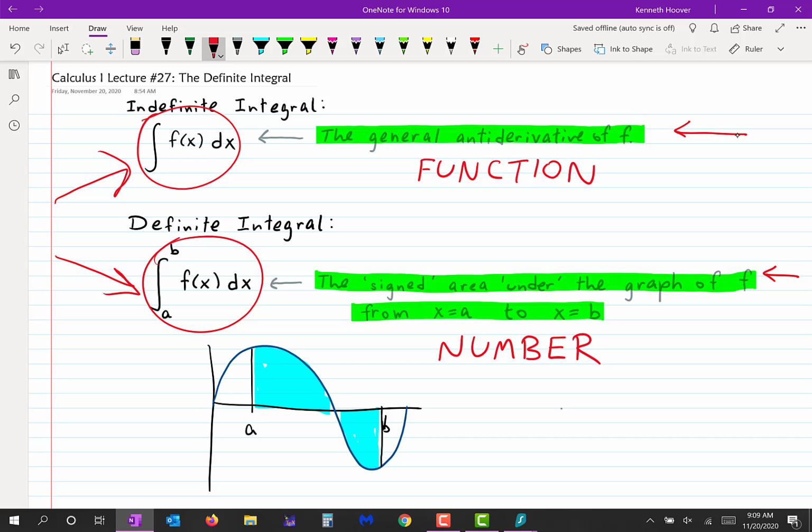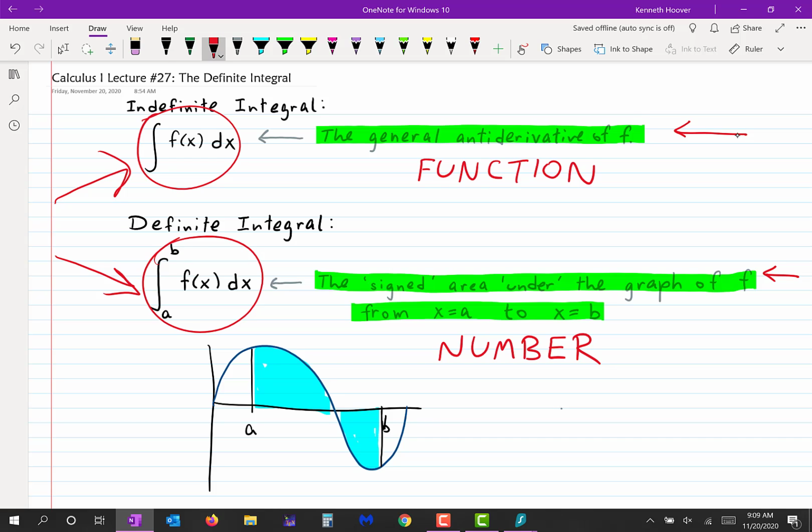Why in the world would the antiderivative of a function and the area under the curve of a function both have the same symbol almost and the same name almost? Because what does the antiderivative have to do with the area? Doesn't seem like they're related at all, does it?